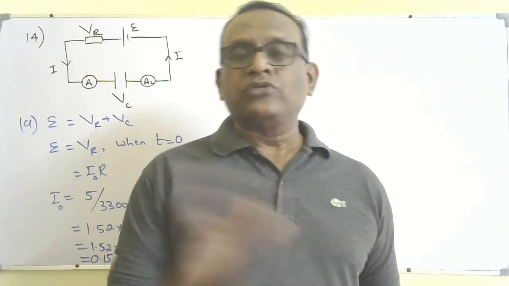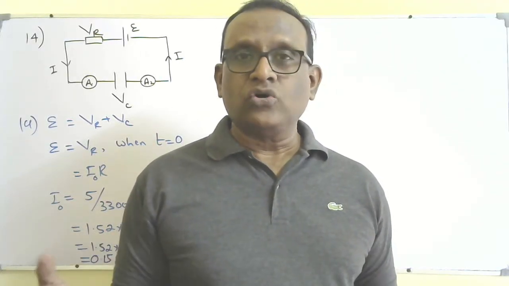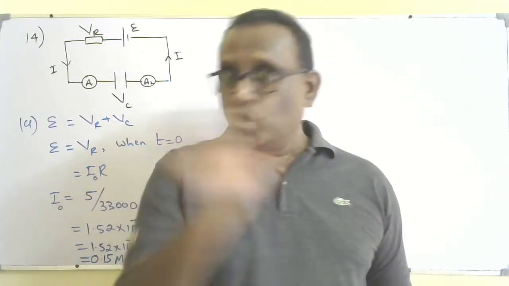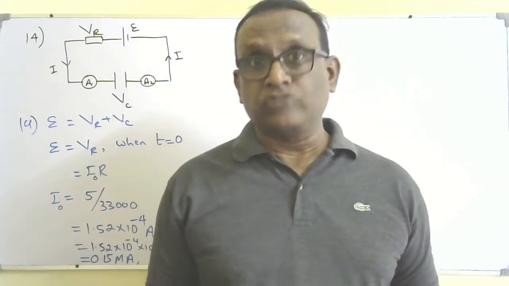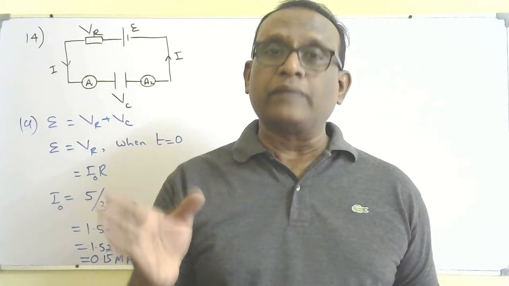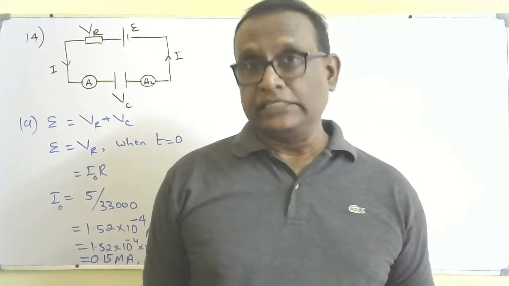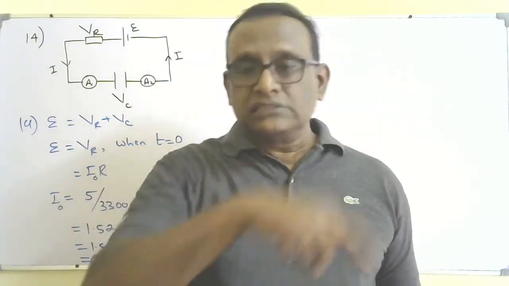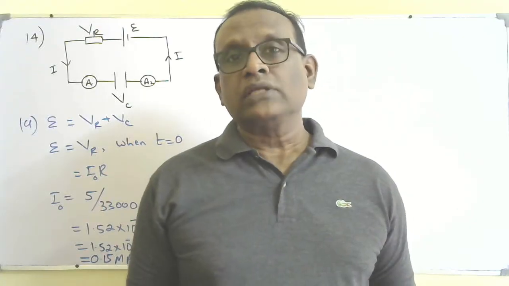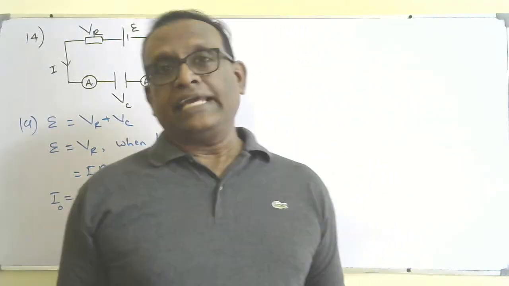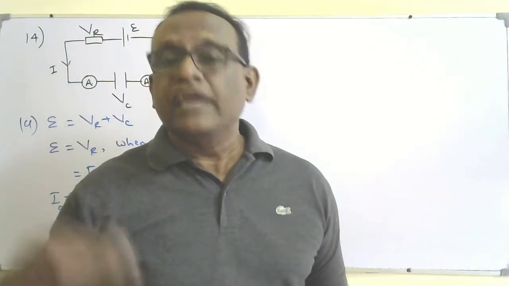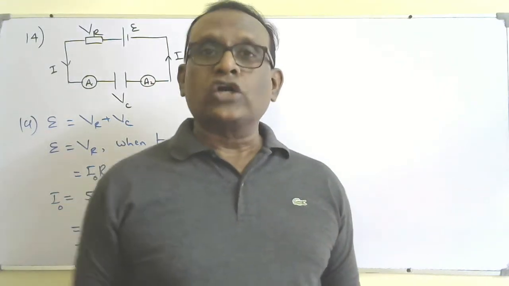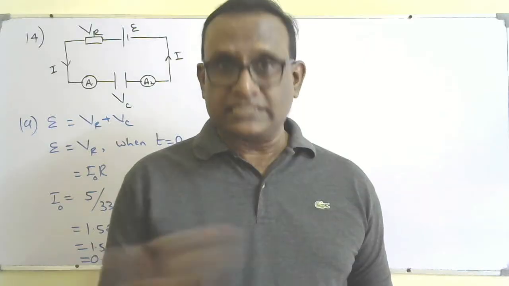There won't be any current flow between the plates, but in the external circuit the current flow is due to the transfer of electrons from one plate to the other during the charging process. The same charge will flow through both ammeter A1 and ammeter A2, that is, the rate of flow of charge will be the same. So the variation of current recorded by A2 will be the same as A1.